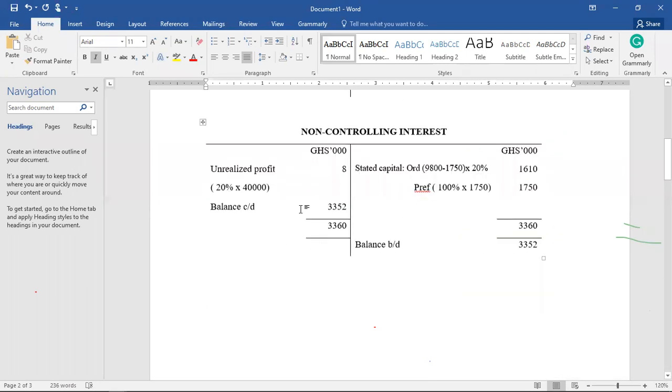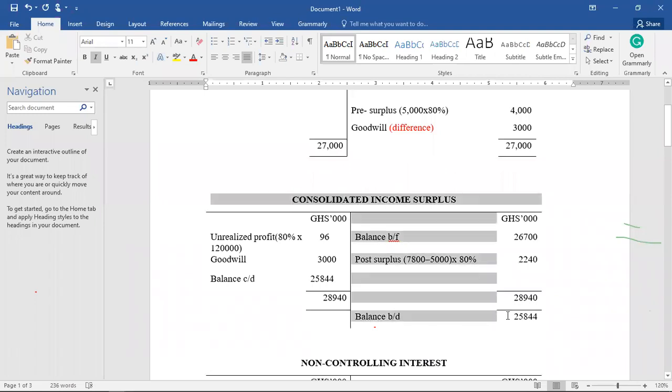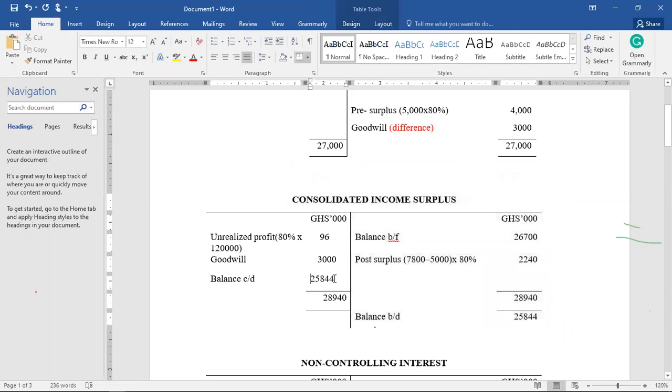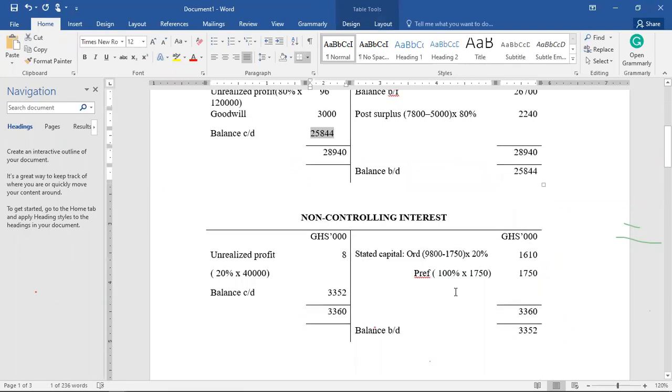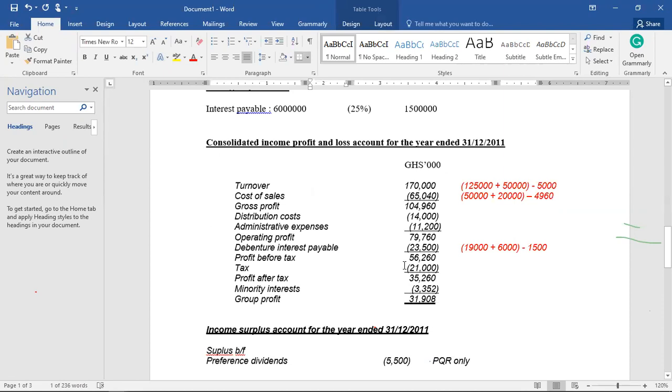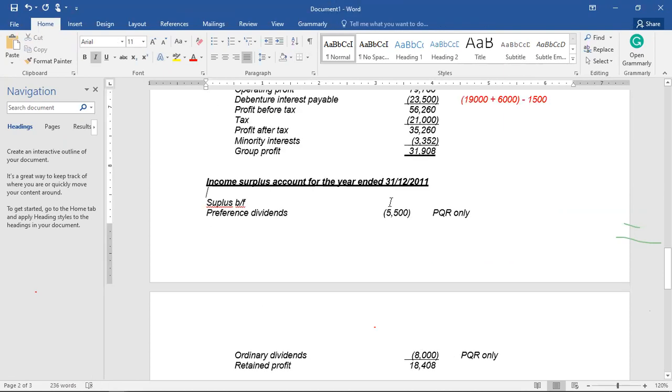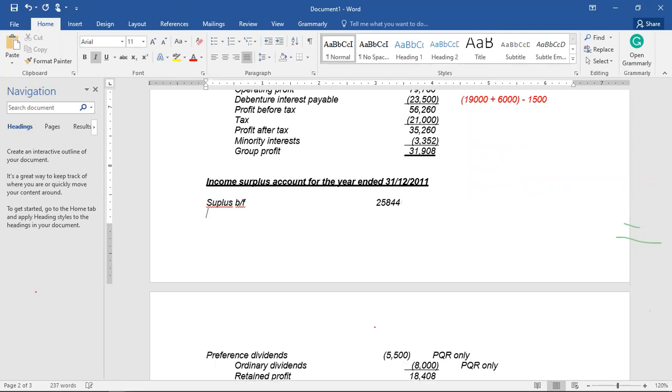Bear in mind, this consolidated income surplus account now becomes your opening income surplus account. So you pick this total 25,844 as the opening income surplus account balance here. 25,844. Then you add your group profits. Your group profit you had is 31,908.